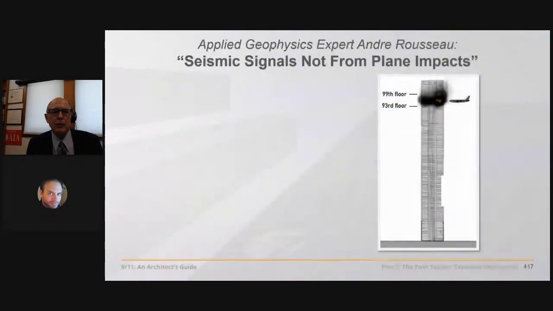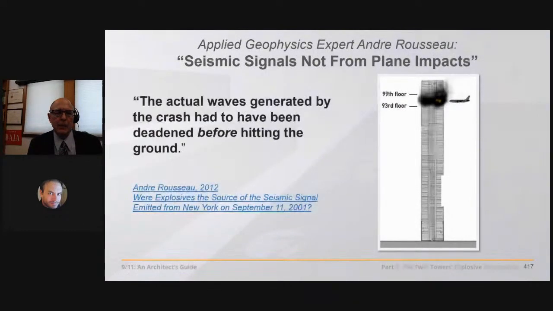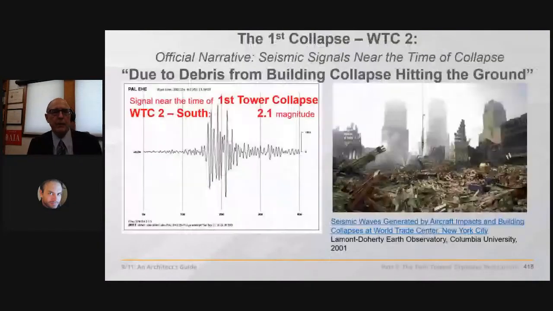He says they're not from plane impacts. The actual waves generated by the crash had to have been even deadened before hitting the ground. The seismic shock of the planes hitting the towers couldn't have traveled 20 miles north.